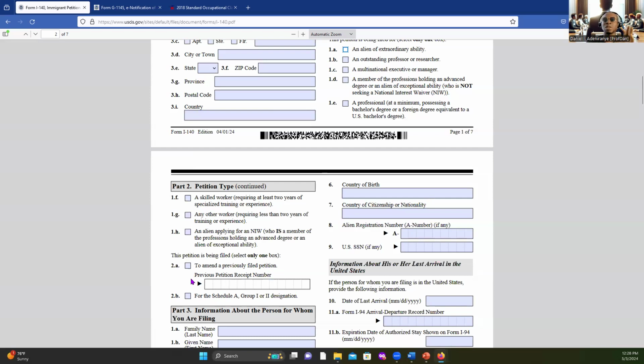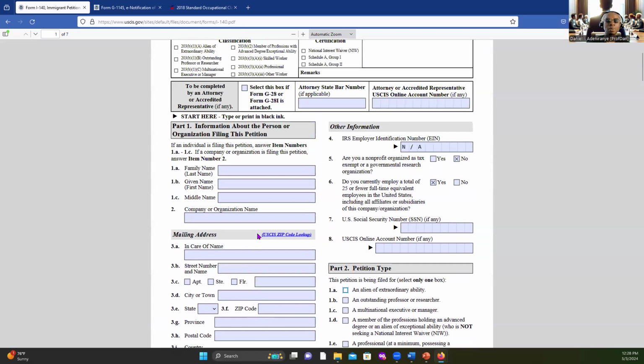Whatever you fill in your Form I-140 is a basis of whether it will be accepted or rejected, regardless of what you've written in your self-petition, or a determinant of the fee you are going to pay.